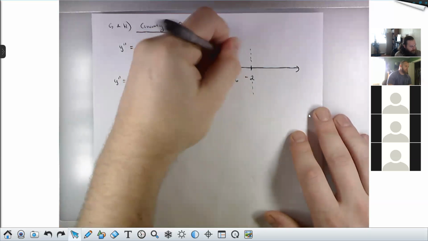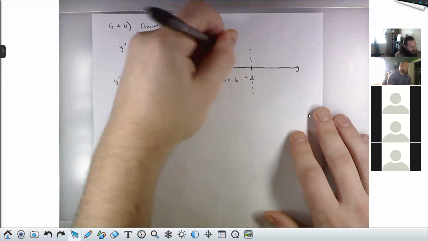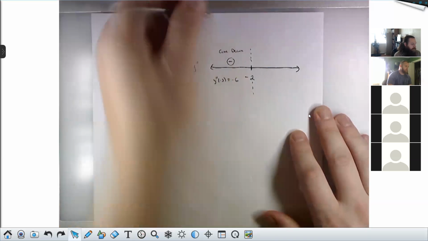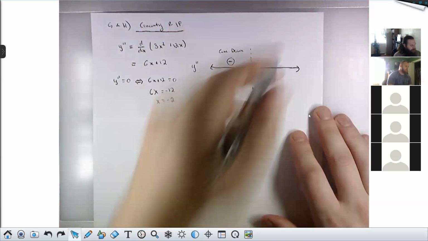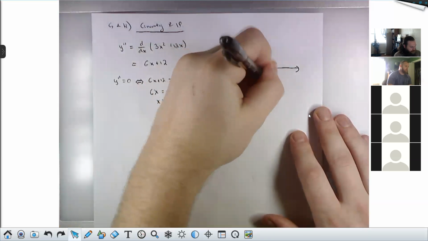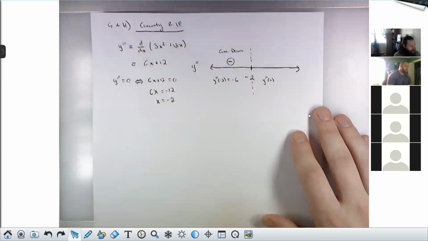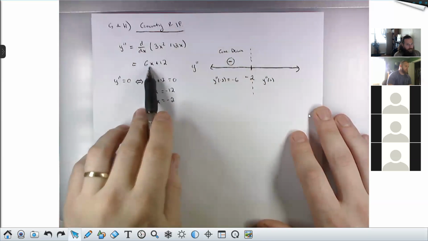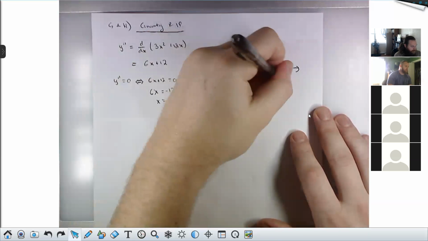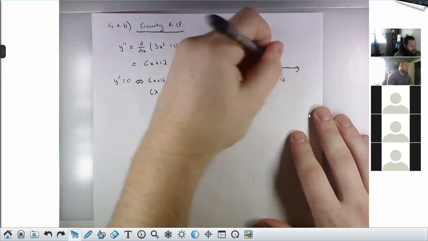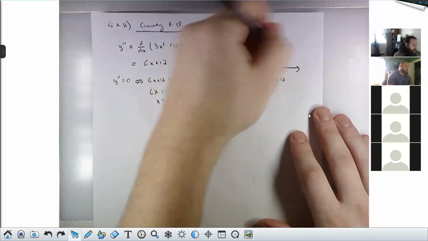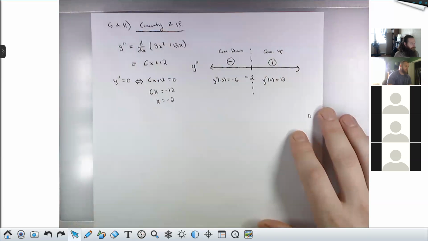So this is negative, which means we are concave down. And if I test something over here like y double prime of 0, if you plug 0 into the second derivative, you get 12, which is positive.